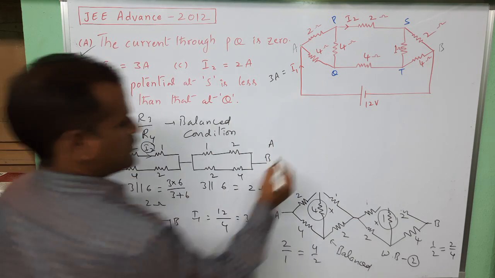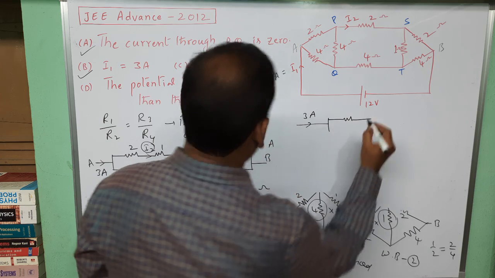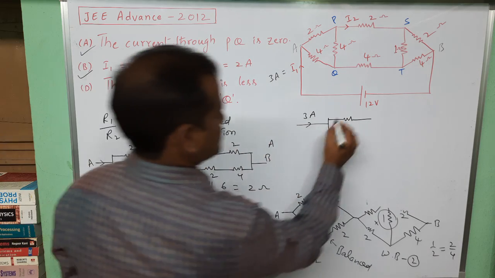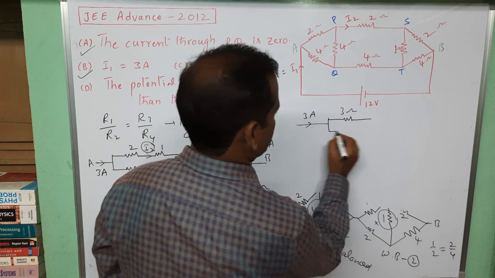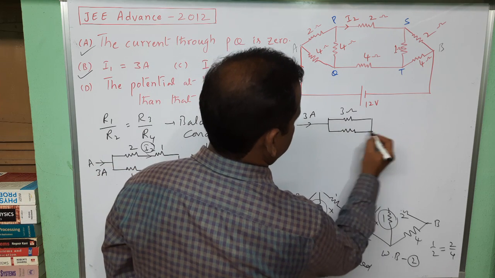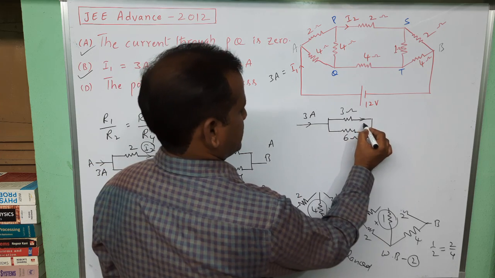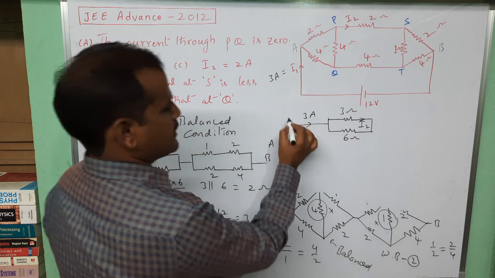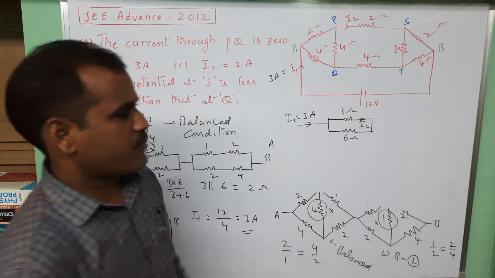Here the circuit, if you observe, 3 amps coming and this branch having 3 ohms resistance and this branch having 4 series with 2 is 6 ohms resistance. We need this current I2 if this is I1. So current division rule we can apply.